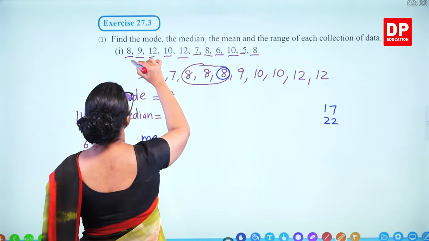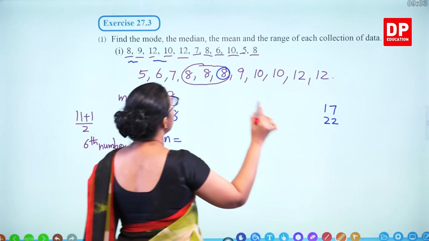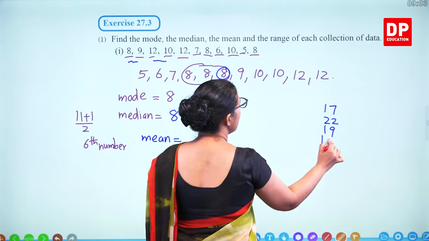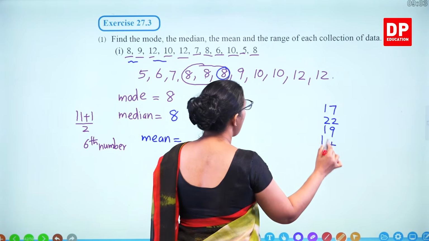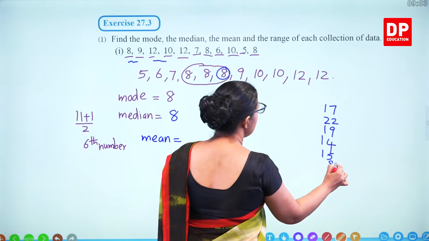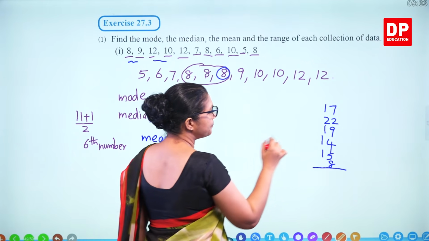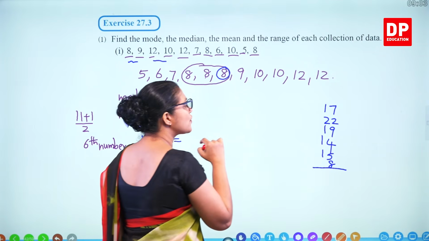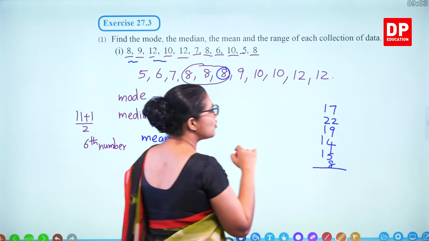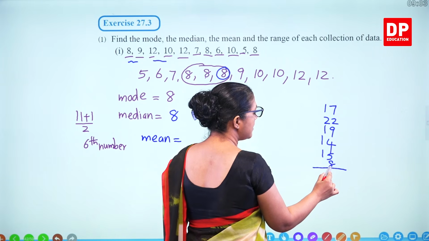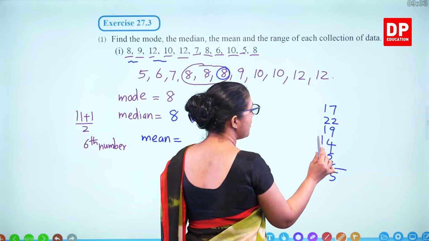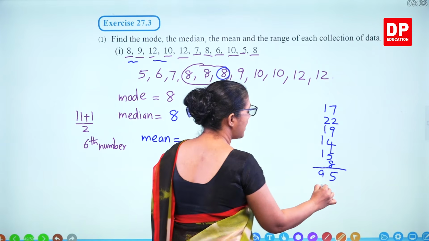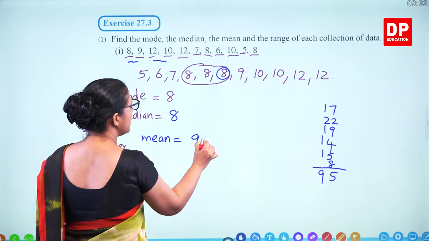I'm adding 2 at a time. 12 plus 7, 19. 8 plus 6, 14. 10 plus 5, 15. And 8. Add it together. 7 plus 2, 9. 9, 9, 18. 18 plus 4, 22. 22 plus 8, 30, 35. 3 remaining. 4, 5, 6, 7, 8, 9. So 95 is the total.